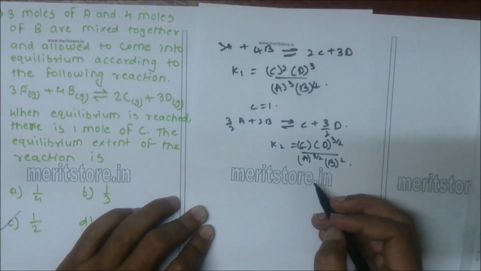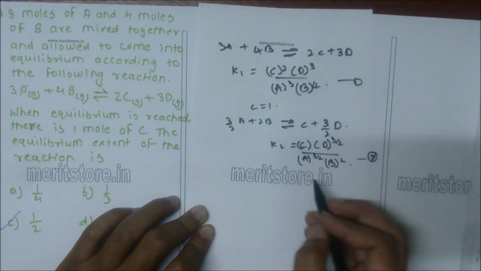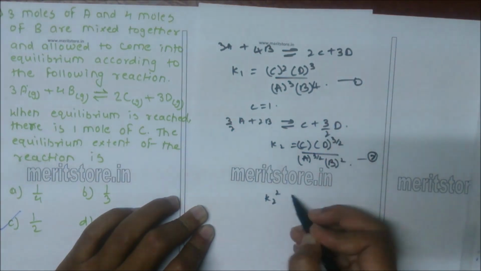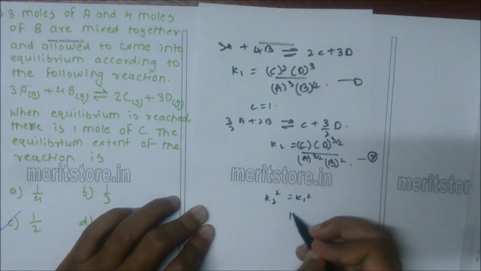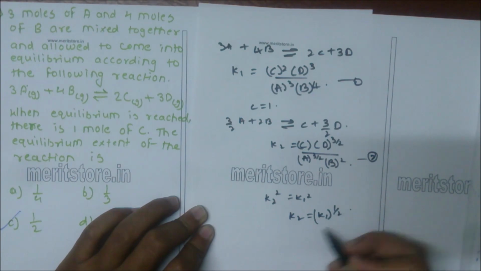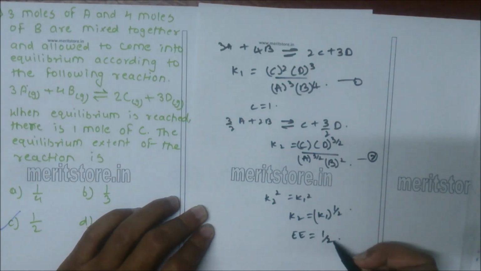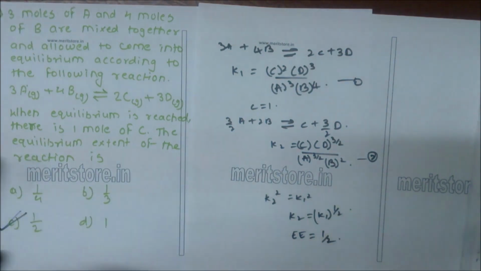On comparing equation 1 and equation 2, we get K2 squared equal to K1, or K2 is equal to K1 raised to half. So the equilibrium extent is equal to half. So option C is the correct answer.